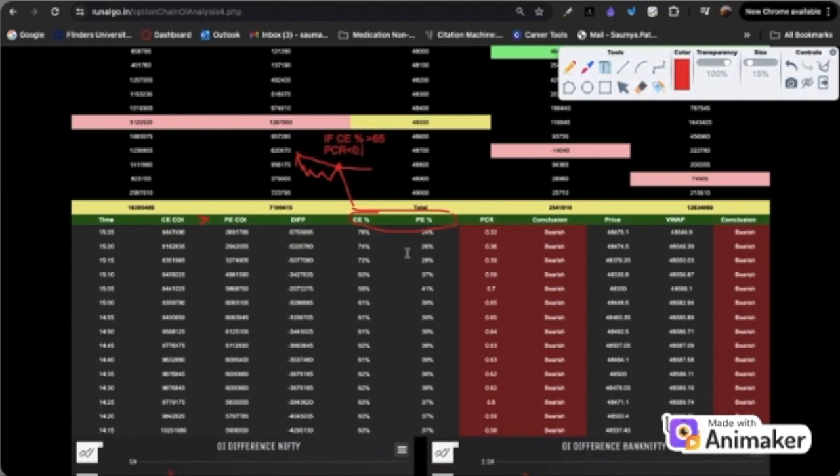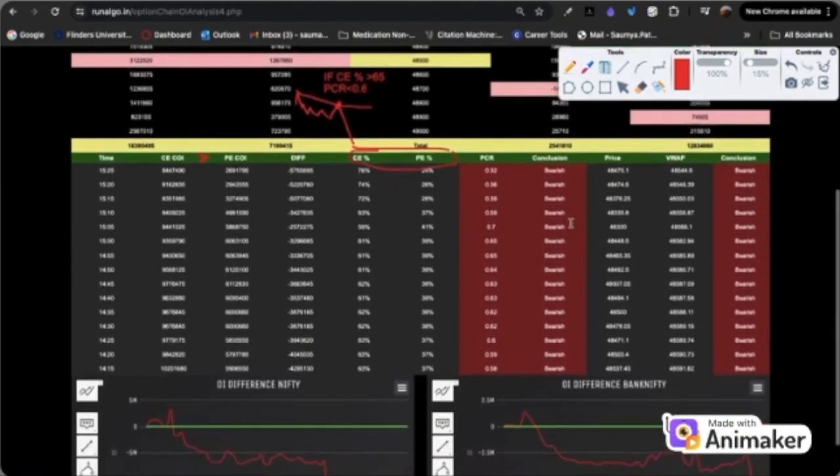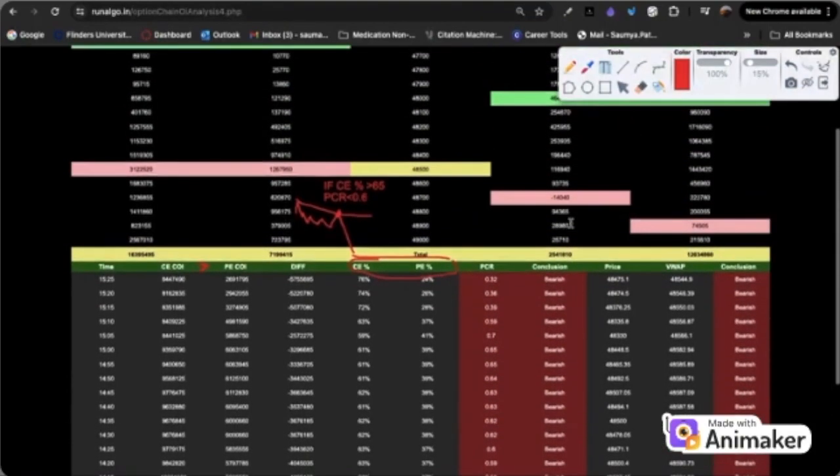If the CE percentage shows more than 65% and PCR shows less than 0.6, we can say that the market will fall, and that's a good opportunity to buy a put option. But we also have to make sure of a good stop loss, and our stop loss should be pretty close.